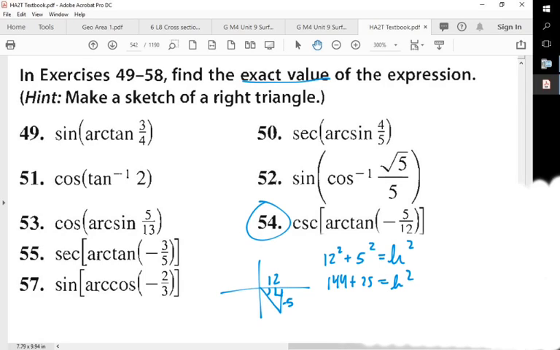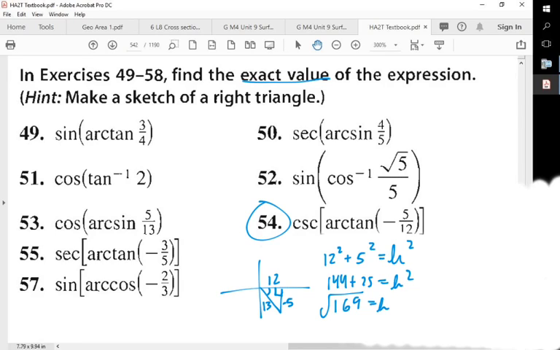And if I add those two together, I get 169 equals h squared. But we must square root both sides. And so what do we get? Plus or minus 13, but we know it's only going to be the plus 13. And why is that?